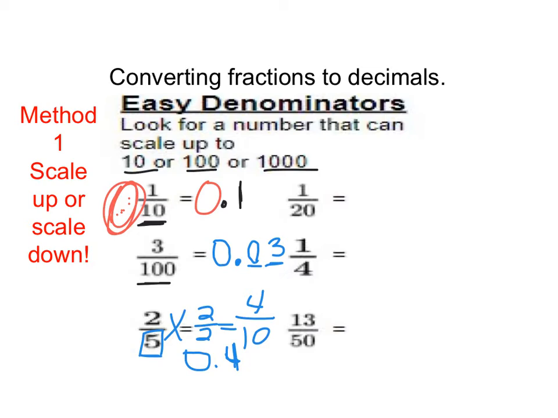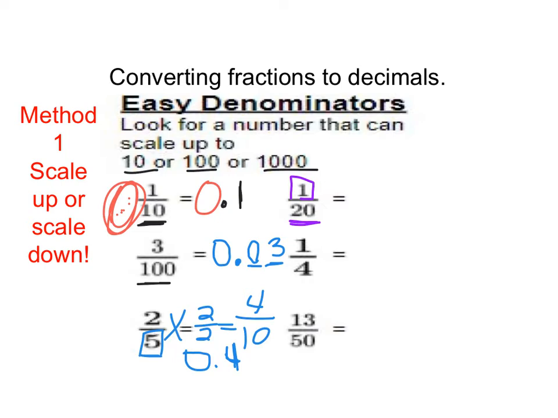Now the next one, you're going to see that you have 1 over 20. Well, 20, I could divide it by 10 to give me 10, but if I divide 1 by, I could divide by 2, not 10. I could divide by 2 to give me 10, but 1, I cannot divide it to give me an even number.